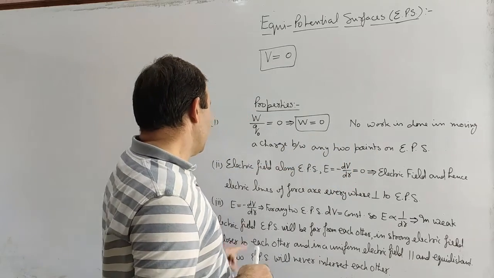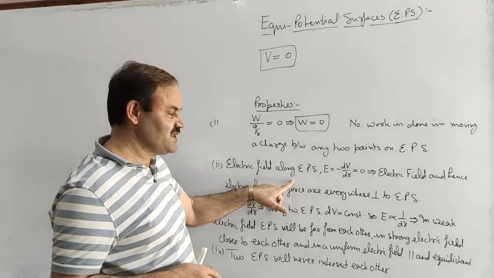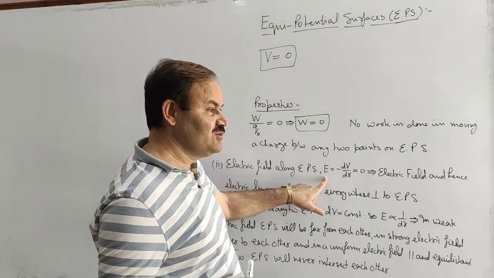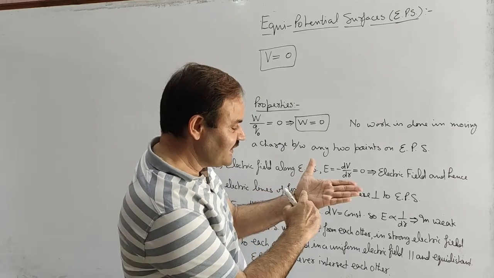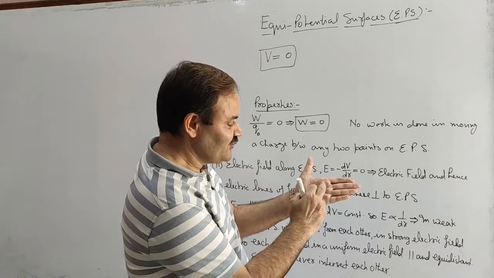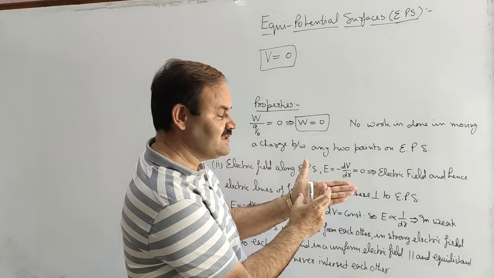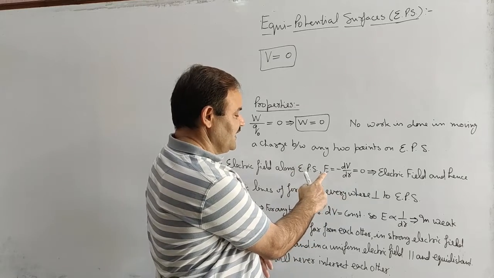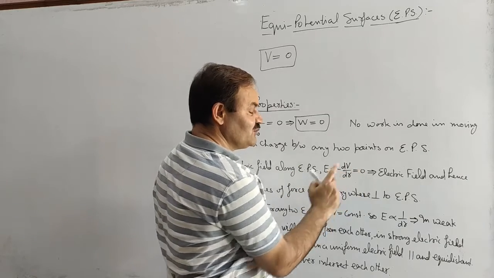Also, electric field along equipotential surface E is equal to minus dV by dr, and if we are considering along the surface, then for any 2 points on the surface electric potential difference will be 0. Hence E is equal to minus dV by dr gives E is equal to 0.